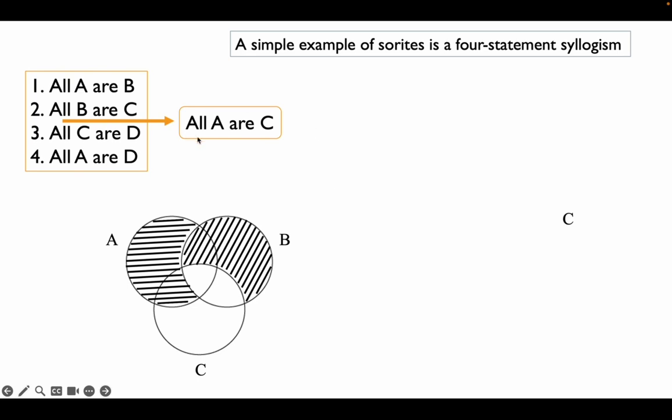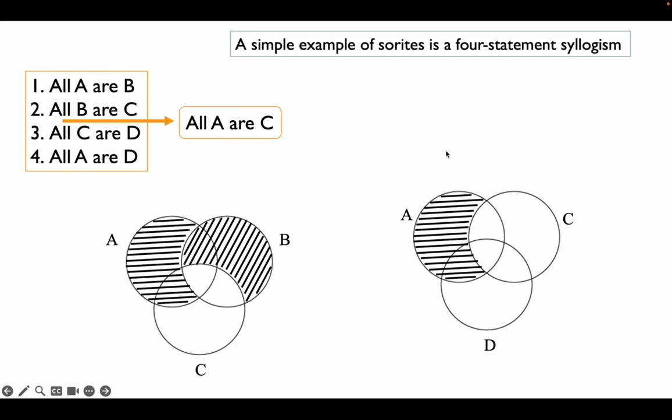Now, this conclusion, all A are C, as I pointed out, becomes the first premise in the next syllogism. So it becomes the first premise, and then number 3 is the second premise, and finally number 4 is the conclusion.